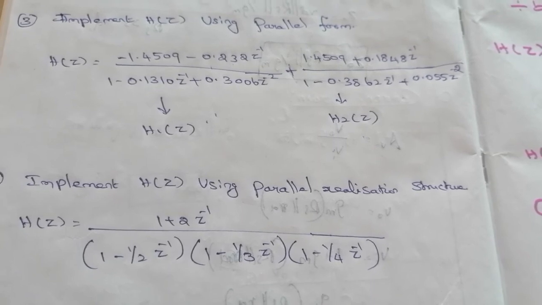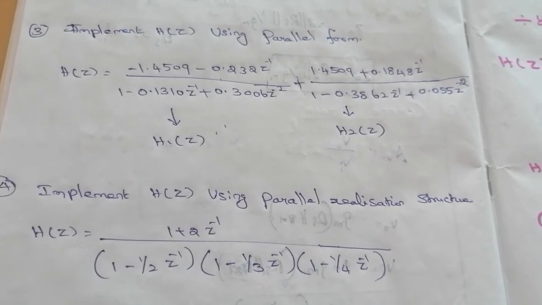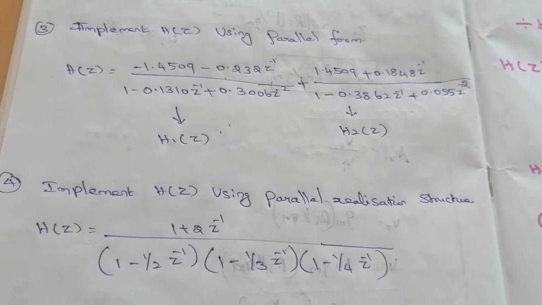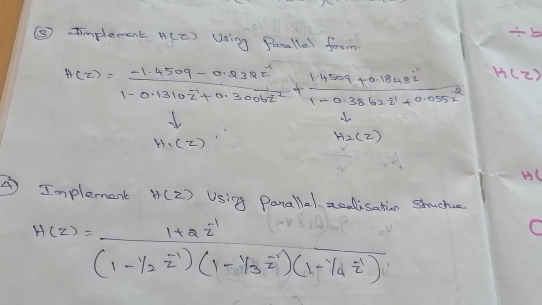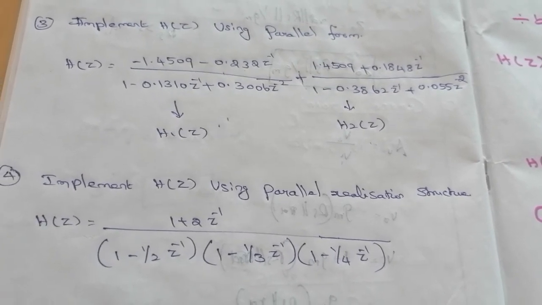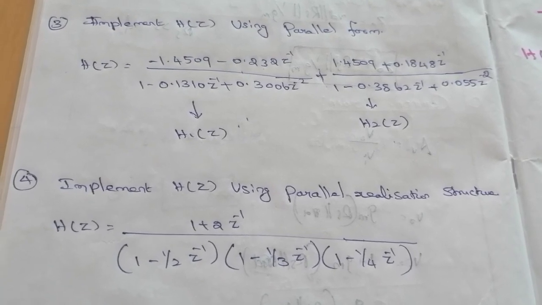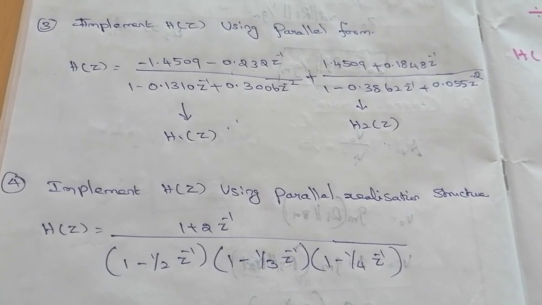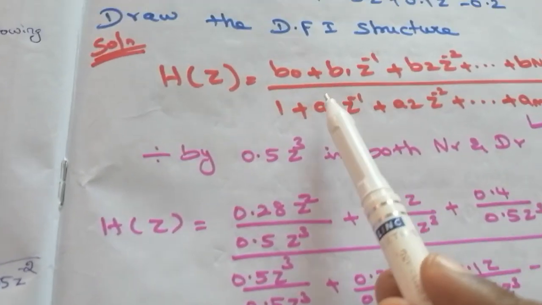If it is not directly given, you have to convert the given structure with the help of the inverse Z transform, and divide numerator and denominator by the denominator's first term, so we get the constant 1. So the question may be given in any type of format, but our aim is to convert it to the general IIR structure in this format. Okay.